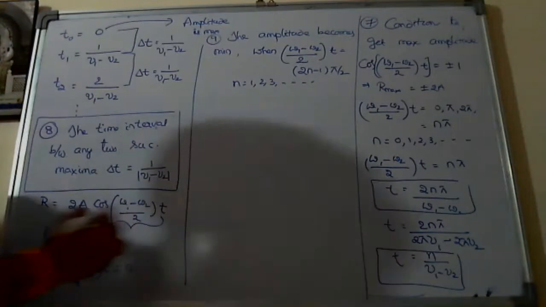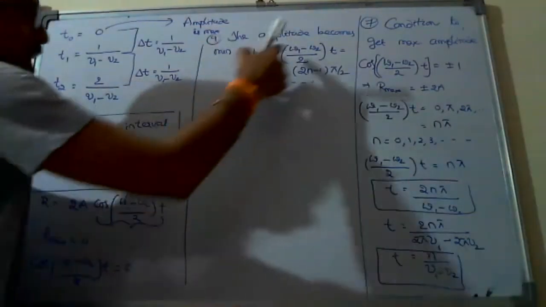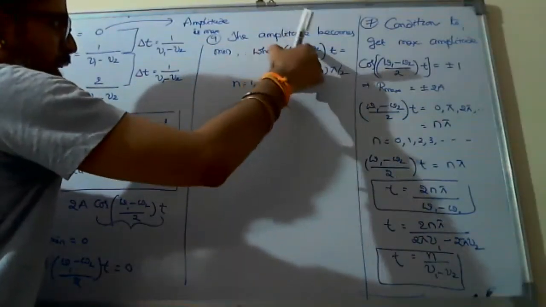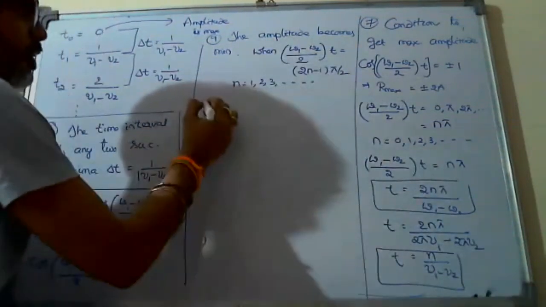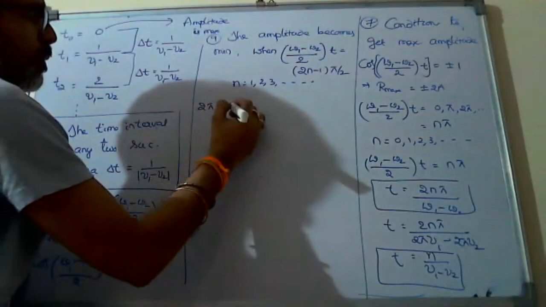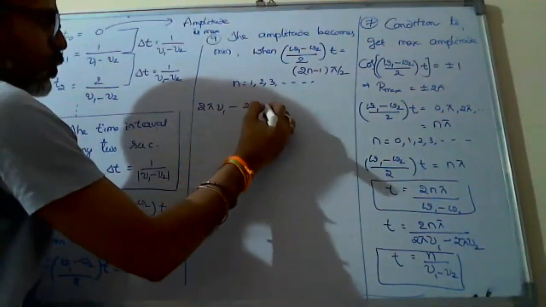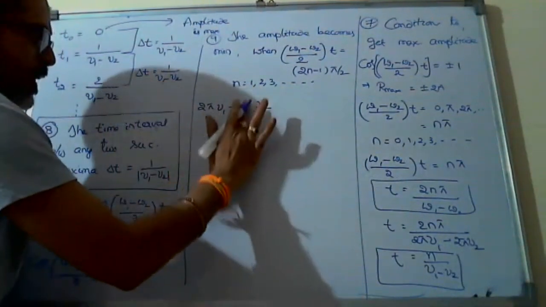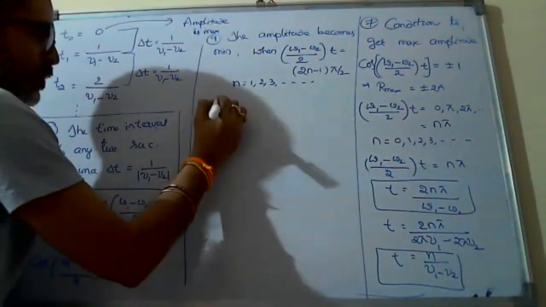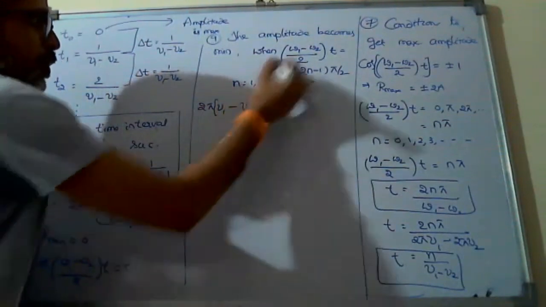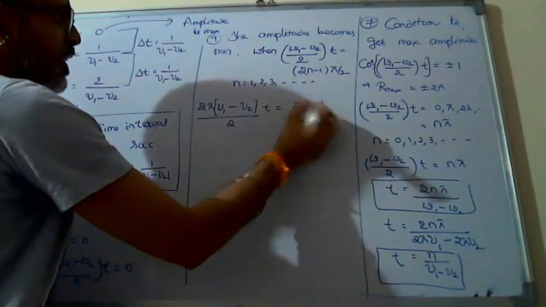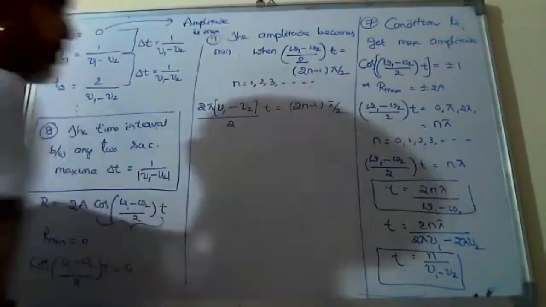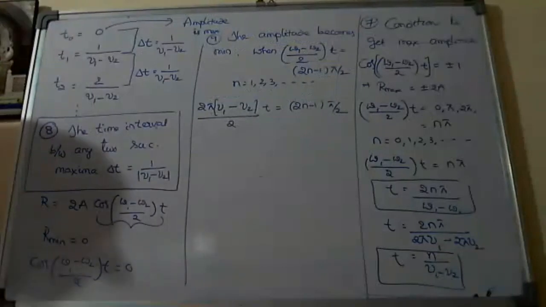Then if I substitute 2 pi nu 1 minus 2 pi nu 2 in place of omega 1 and omega 2, taking 2 pi common, 2 pi into (nu 1 minus nu 2) by 2 into t equals (2n minus 1) into pi by 2.